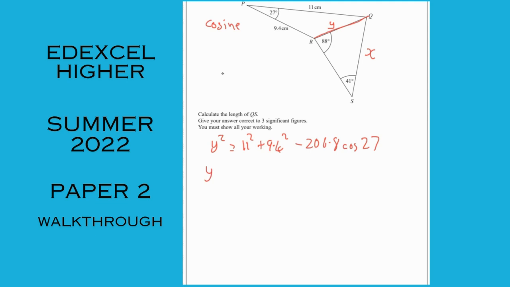Stick it all in your calculator and square root it. I get 5.0099. It wants the answer to 3 sig figs. 5.1 is fine.